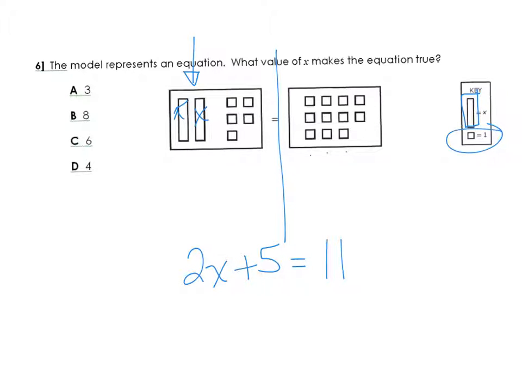And I want to get rid of the constant or the units that's hanging out with them. So I have 5 positives there hanging out with my x's, and I want to get rid of them first. So I'm going to do 5 negatives on each side. So there's a negative, another one, and if I draw negatives on the left side, I have to draw negatives on the right side as well.